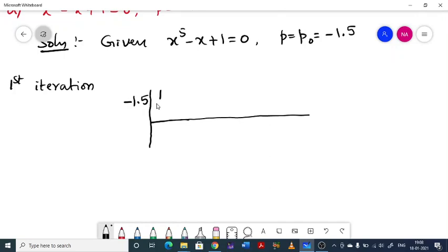X power 5 coefficient is 1, x power 4 coefficient 0, x power 3 coefficient 0, x power 2 coefficient 0, x power 1 coefficient minus 1, constant term is 1. Now you can carry this 1 as it is. 1 into minus 1.5, you get minus 1.5. Adding those two, minus 1.5. Minus 1.5 into minus 1.5, 2.25.